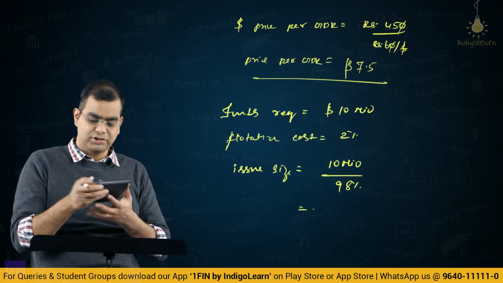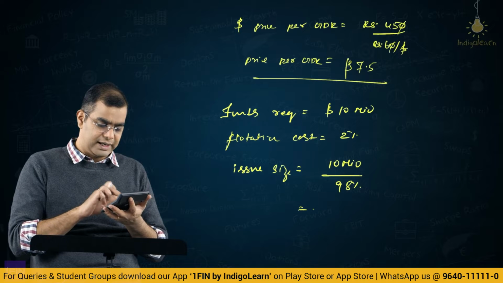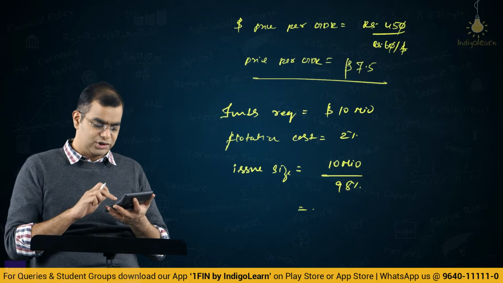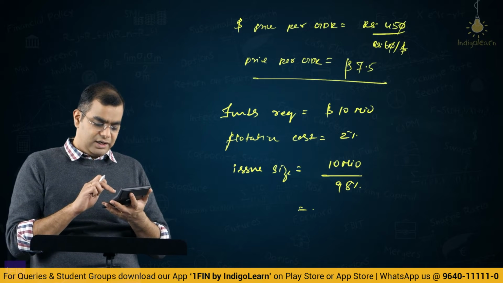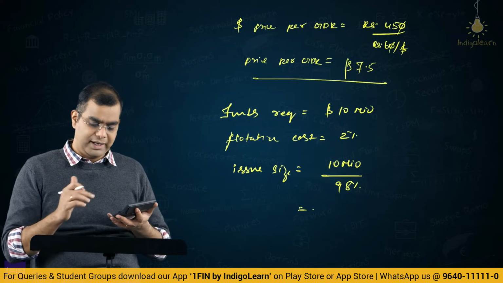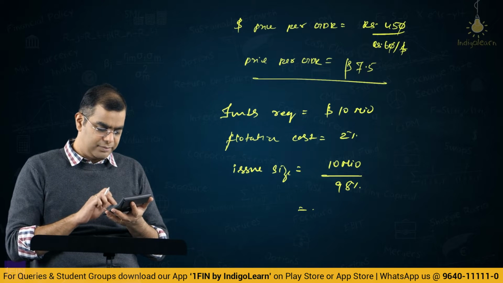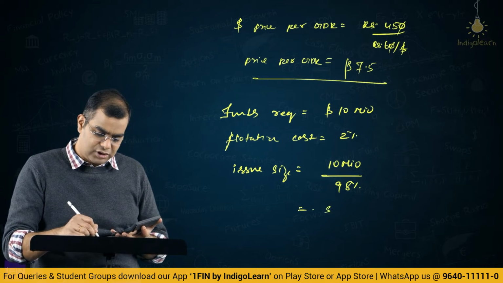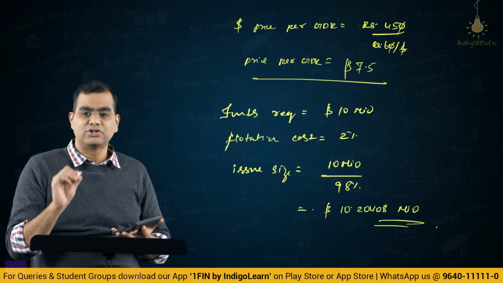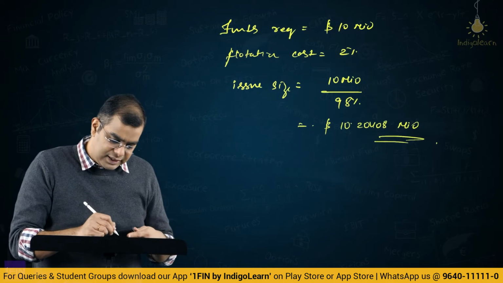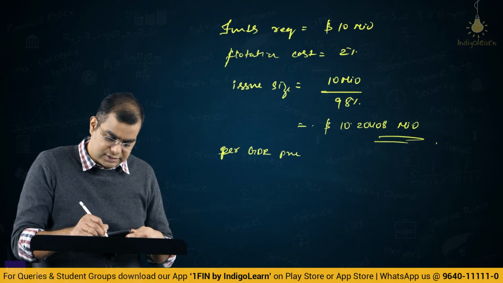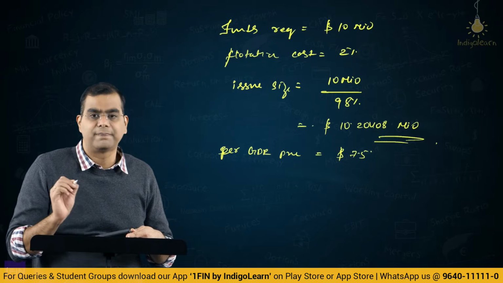If you just compute this, 10 divided by 0.98, you will get 10.20408. Out of this, 2% is 0.20408. If you subtract, you will get 10. That is why we are dividing by 98% or 0.98. So, 10 divided by 0.98 is equal to an issue size of $10.20408 million. So, the total issue size is this much and the per GDR price is $7.5, correct.